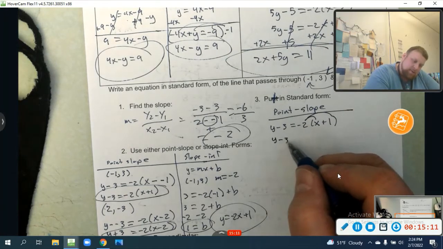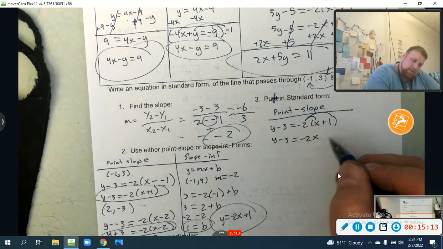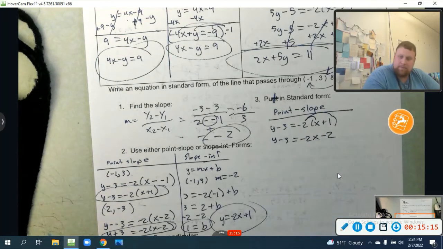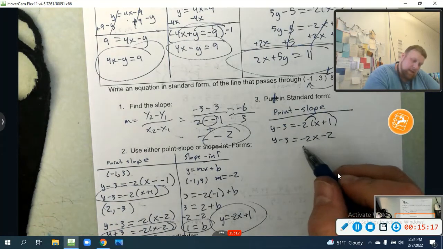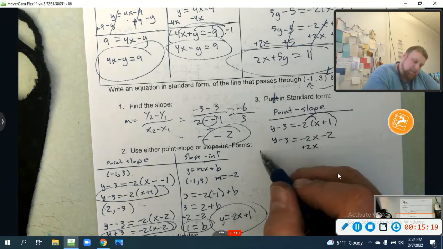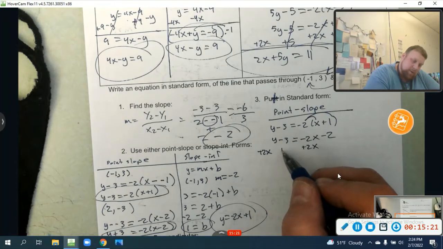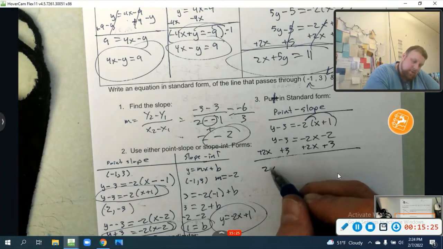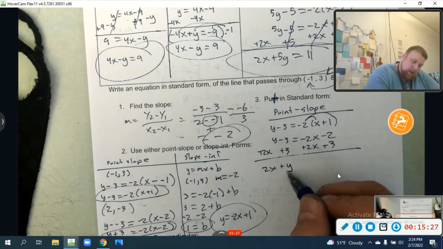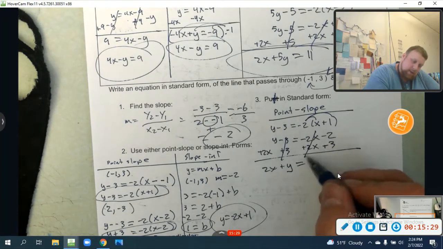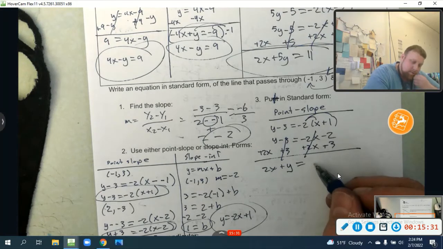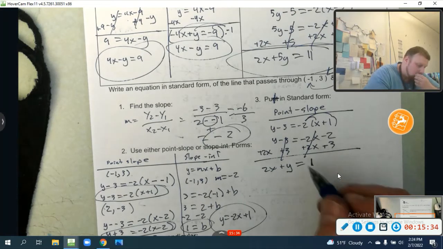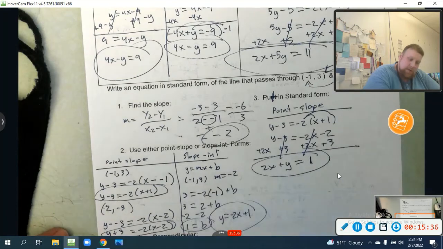I get y minus 3 equals negative 2x minus 2. And I need to get my x on the left, so plus 2x to both sides. I need to get rid of my minus 3, so plus 3 to both sides. And I get 2x, that's a positive y, so plus y. That's gone, equals, that's gone. Negative 2 plus 3 is 1. 2x plus y equals 1.